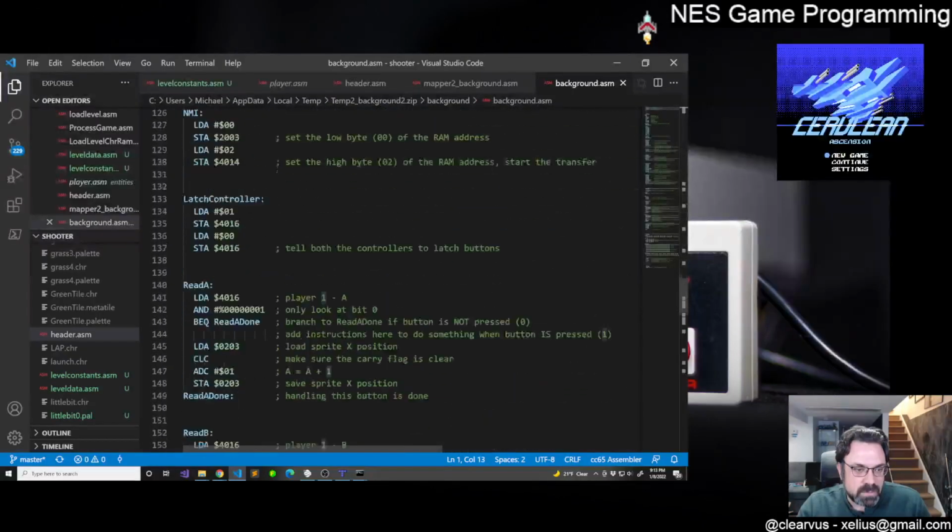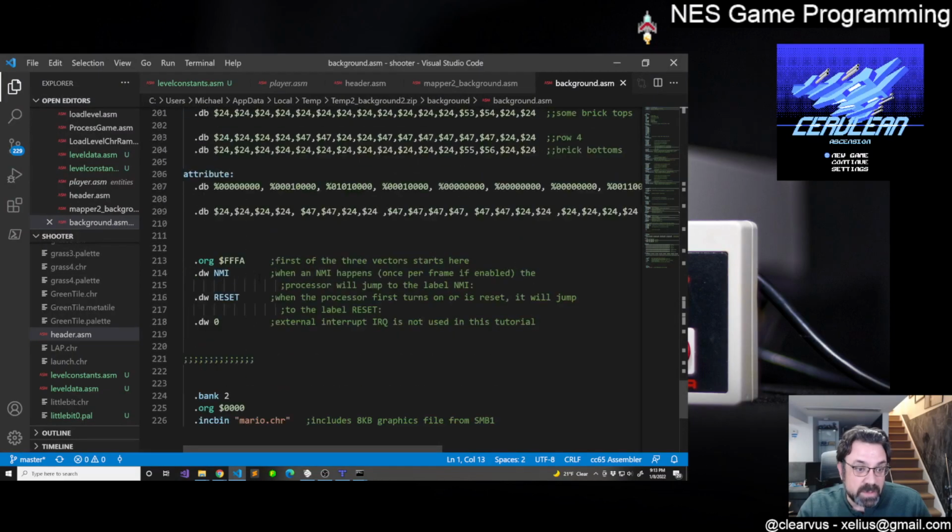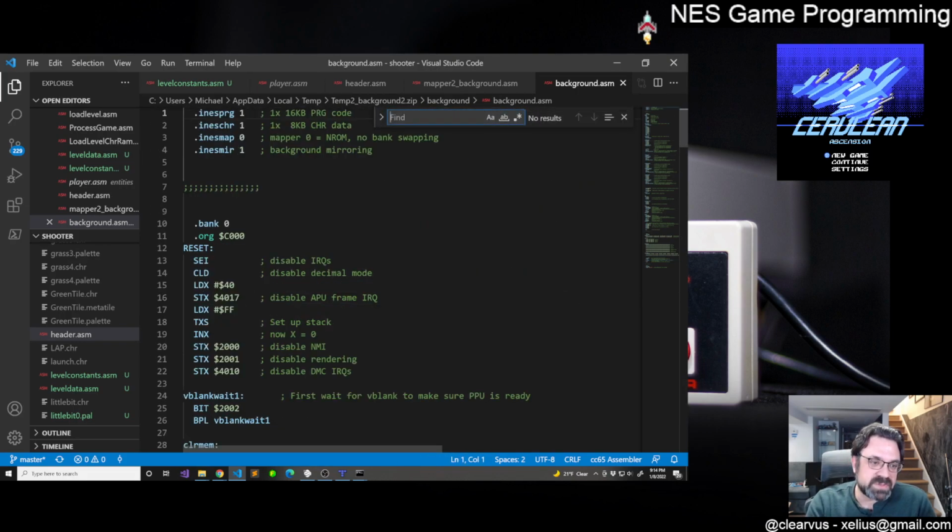It's called the vector, the last six bytes, where the address of this reset label is written in, and we'll look at that in a second in the debugger in Mesen. It looks at this address and says, oh, I need to go to the address where reset is, and it's going to then start executing this code.